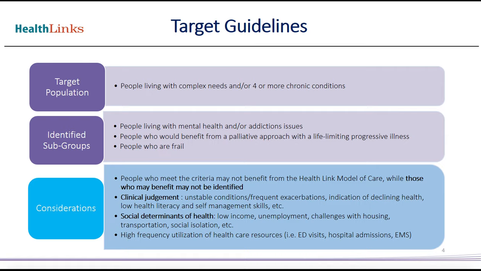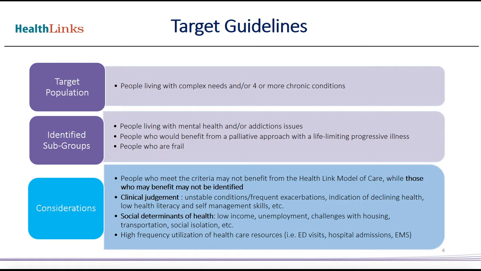So the current target population includes those that are living with complex chronic conditions, so have 4 or more. The identified subgroups are people living with mental health conditions and or addictions issues, those that could benefit from a palliative approach with a life-limiting progressive illness, as well as those that are frail.